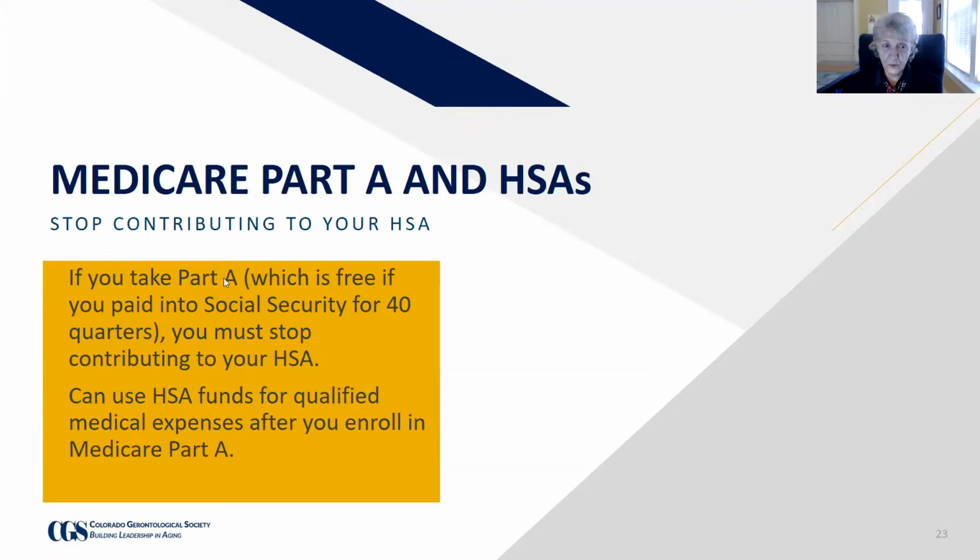If you take your Part A, you stop contributing to your HSA at that point in time. You can use the funds that you have in your HSA to pay for qualified medical expenses for either A, B, or D.